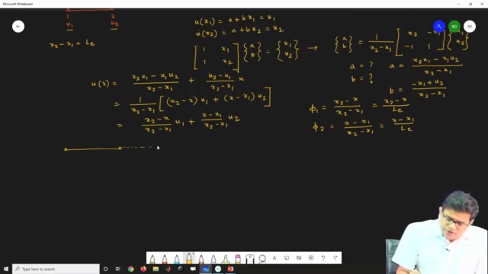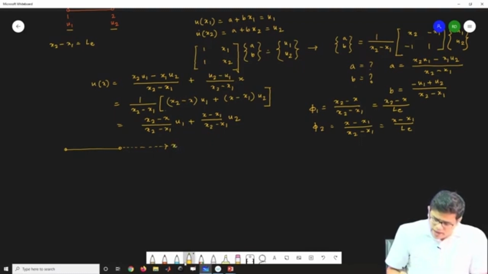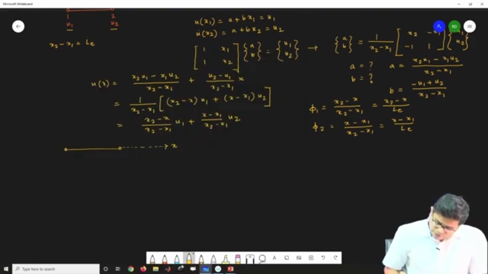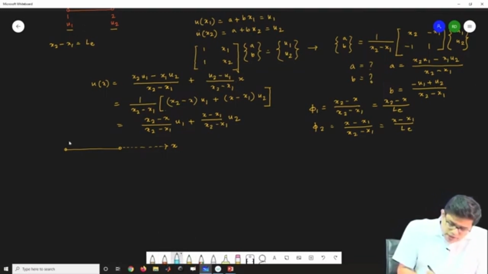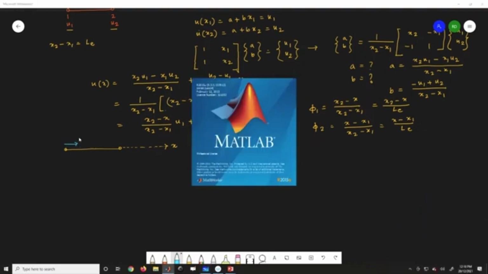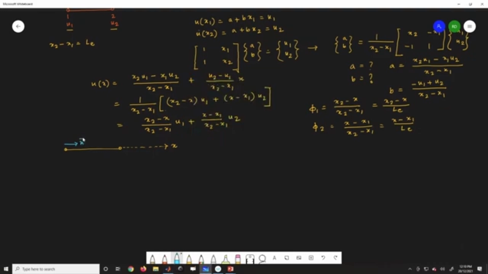For instance, if this is my global x-axis, I can define a coordinate system which starts from here, called x bar.